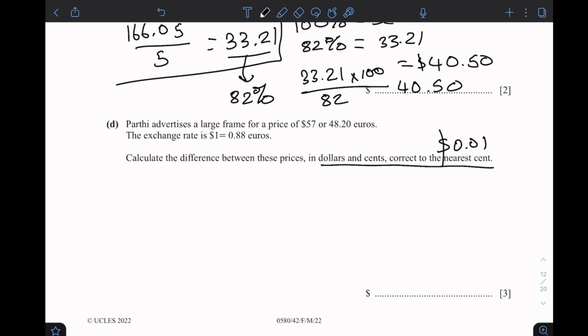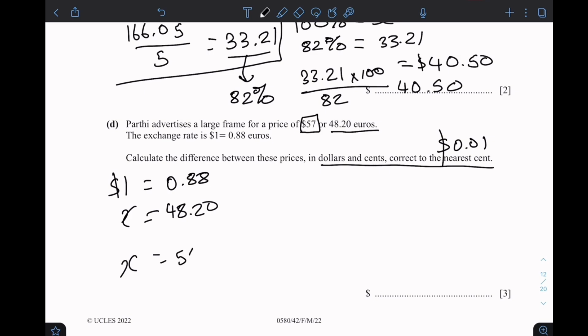They said in dollars. We know 57 is already in dollars, but this 48.20 is not. So we can do $1 is equal to 0.88 euros, and then 48.20 euros is equal to x. I always use cross multiplication because I find it very useful, and it helps me solve very difficult problems with formulas, but it's not really necessary unless you've mastered cross multiplication.